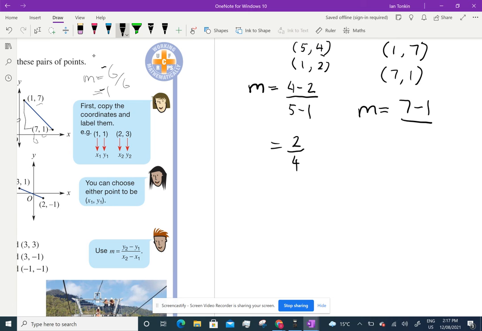And on the bottom, subtract the x values, but you've got to do it in the same order. 1 minus 7. 7 minus 1 is 6. 1 minus 7 is -6. And when you get a negative in a fraction, you can put it in the bottom, you can put it in the top, but general practice is to put it out the front. So -6 on 6, and 6 on 6 is just 1.